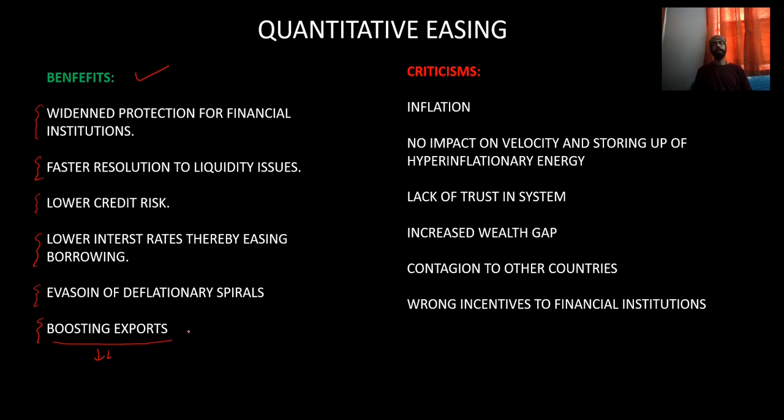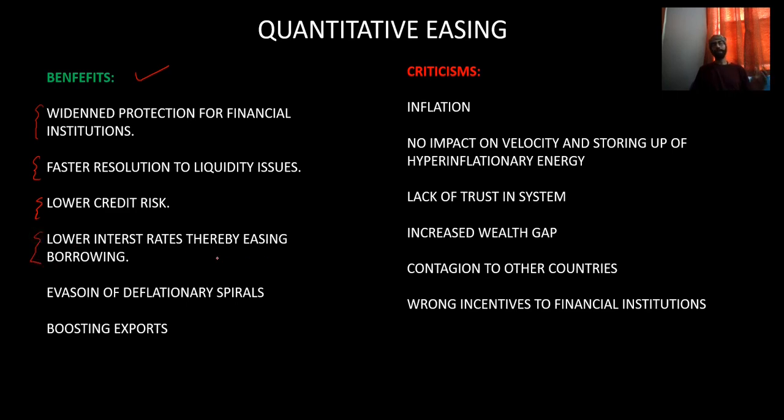Boosting of exports, as we discussed, because the prices go down, the products become more competitive in the markets and exports are boosted. Now, what are the criticisms? Faster resolution to liquidity issues. Obviously, the central bank itself is guiding the liquidity issues in some way. Lower credit risk. Obviously, the banks are taking up a lower amount of credit risk because the Federal Reserve is absorbing a certain amount of assets. Lower interest rates, thereby easing borrowing.